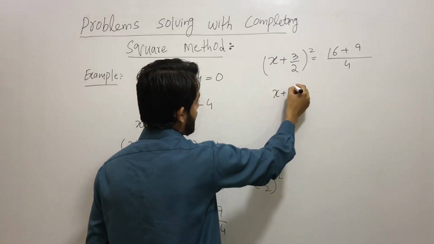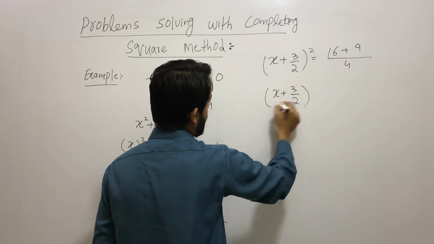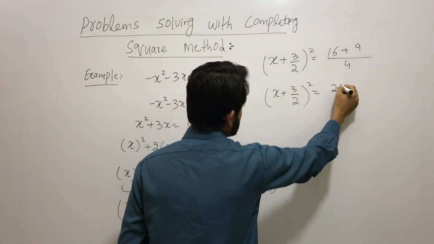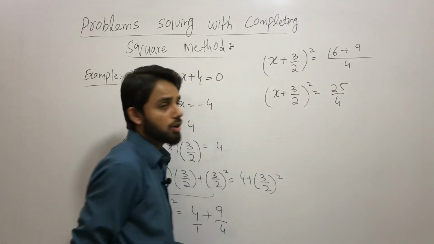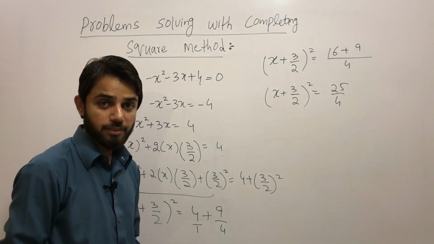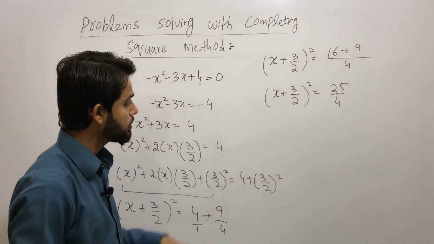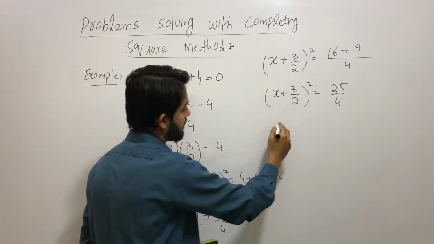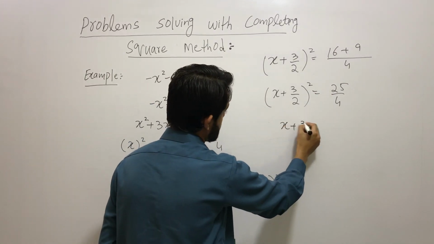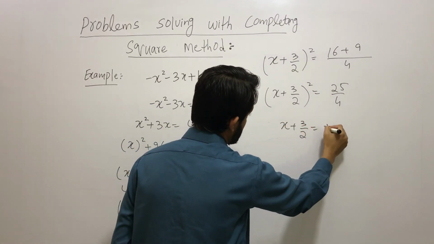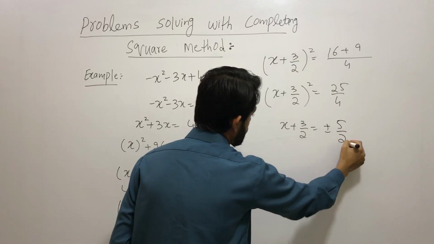Now x plus 3 over 2 whole square is equals to 25 over 4. Okay, the same step that we are doing: now we have to take the square root on both sides in order to eliminate that. So it would be x plus 3 over 2 equals to plus minus 5 over 2.